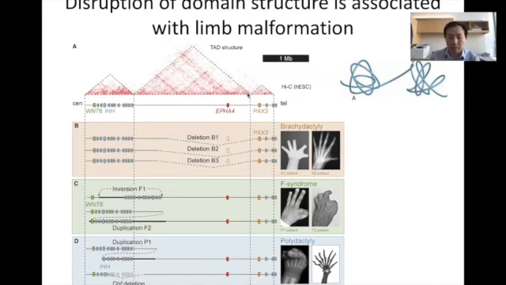As a result, the TAD structure is disrupted, so there's a severe phenotype you can see in human biology. When they performed an experiment in the mouse, they were able to recapitulate the human disease in the mouse as well, further confirming the importance of TADs.